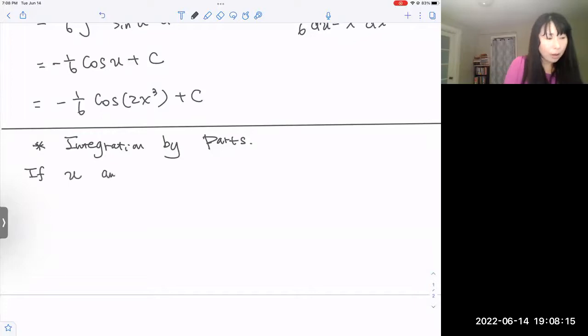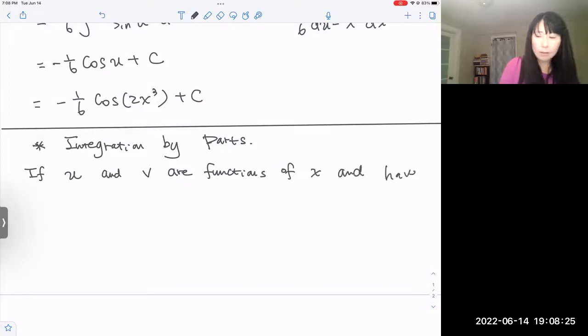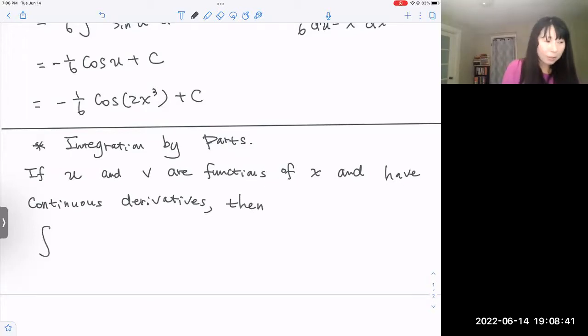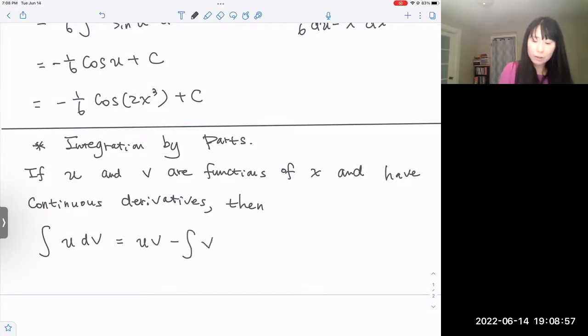If u and v are functions of x and have continuous derivatives, then we have the integral of u dv equal to, we are using this formula, uv minus integral of v du, okay? So I'm gonna prove this one.